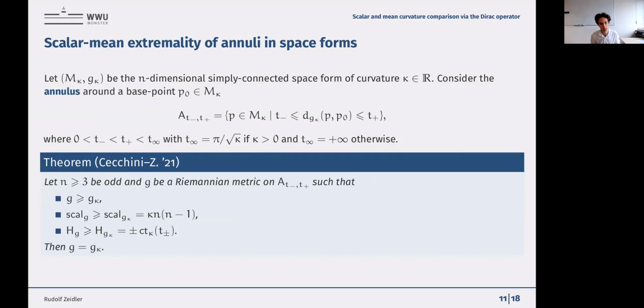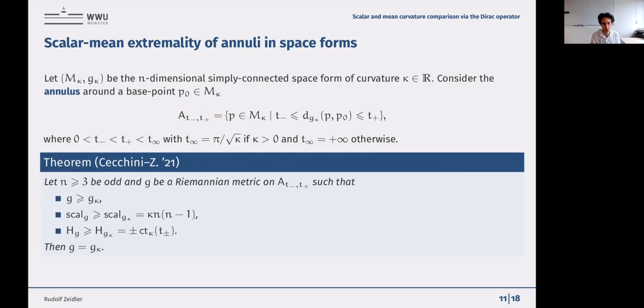So here we take an n-dimensional simply connected space form of some constant curvature, so either the sphere, hyperbolic space, or Euclidean space, and then you consider an annulus around some base point in your space, and you choose two radii, t minus and t plus.